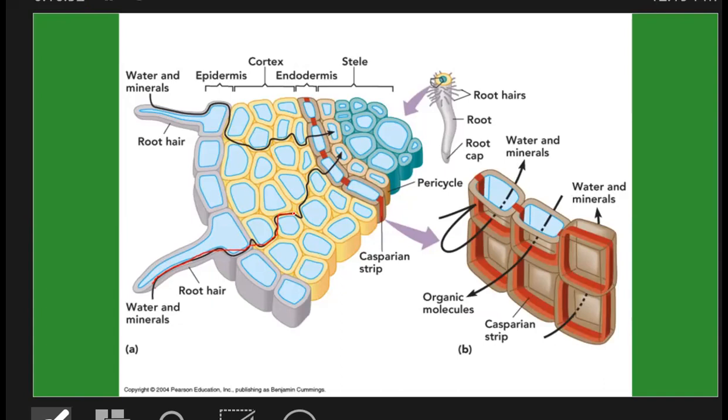And long story short, that action of, oh, I can't go into the cell wall space here, I have to dive into the cell, believe it or not, actually helps regulate water flow to keep it moving into the xylem, and not flowing back out of the xylem. You want it to keep going into the xylem.